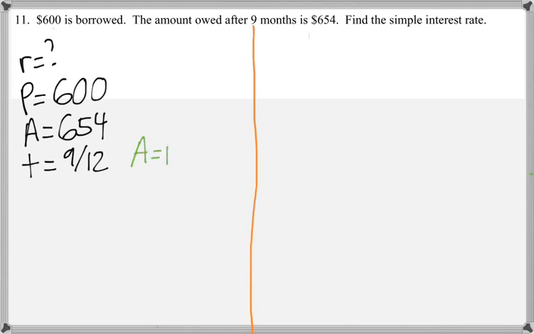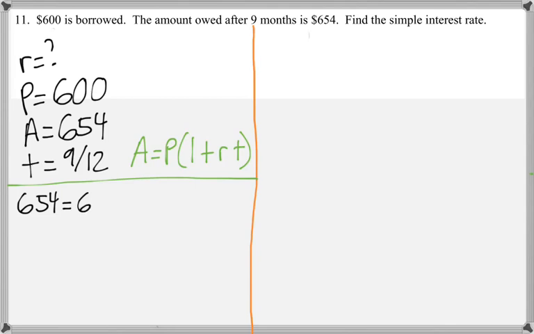So A is equal to P times 1 plus R times T. And I want to plug in that information. So 654 is equal to 600 times 1 plus R times 9/12.